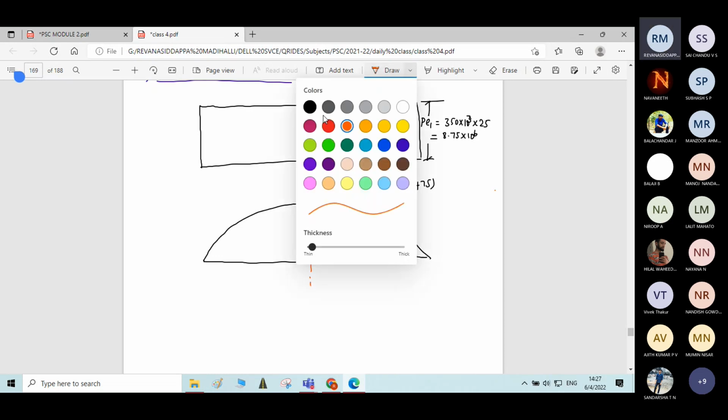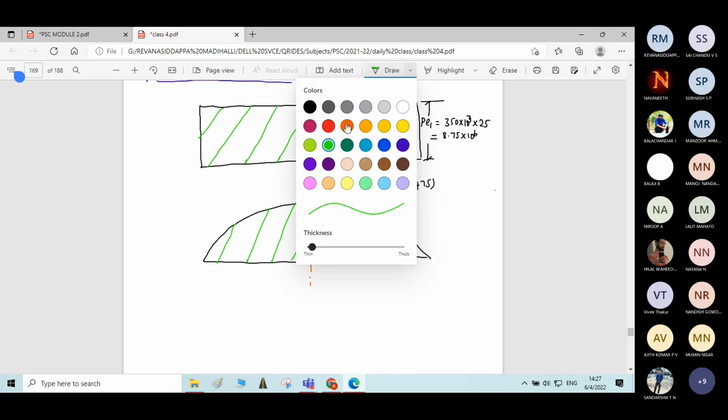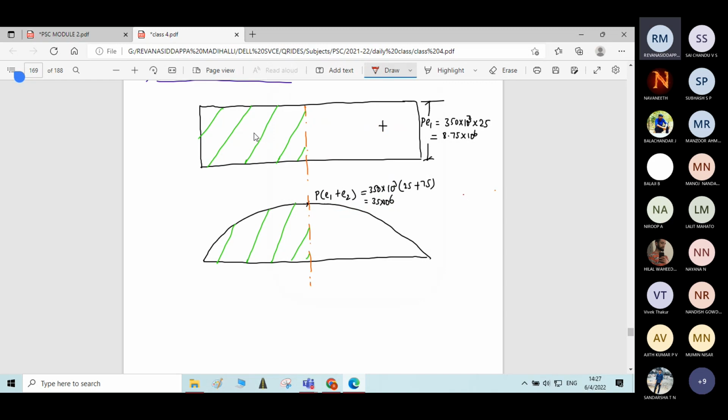Now half of the diagram we have to consider for the calculation. Let us consider this as component number 1 and this is component number 2, and we'll mark the x1 bar and x2 bar also.